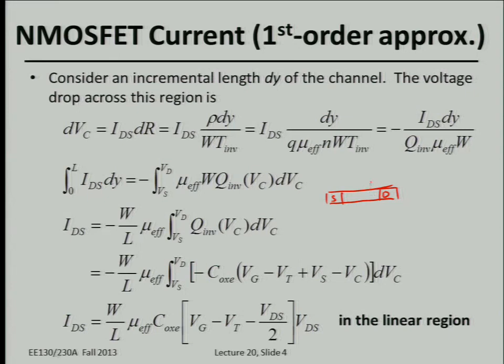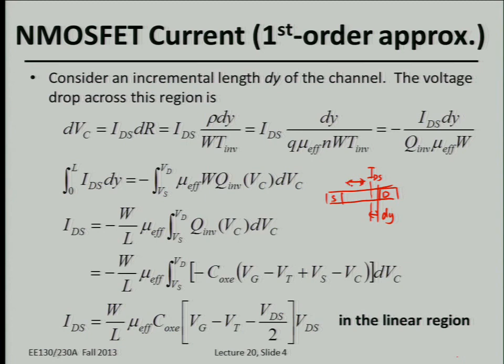But what I'd like to do here is to increase the length of the semiconductor bar by dy, with the DC current IDS flowing through, the current from the drain to the source.